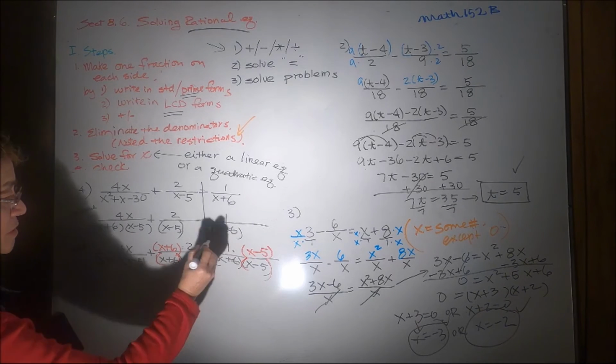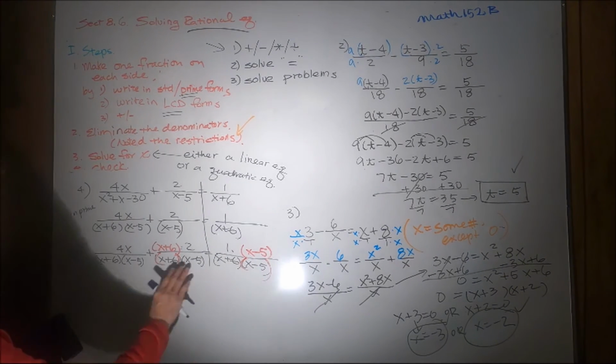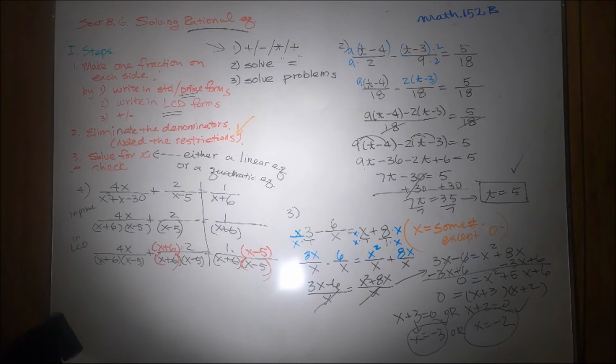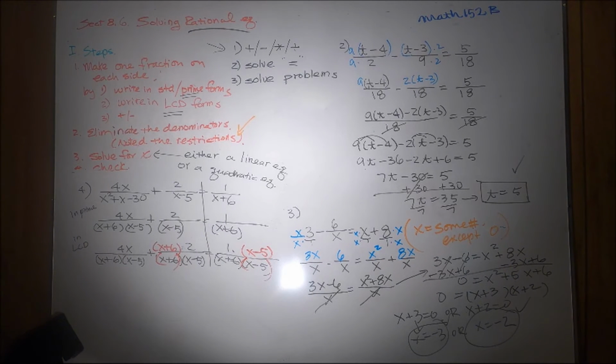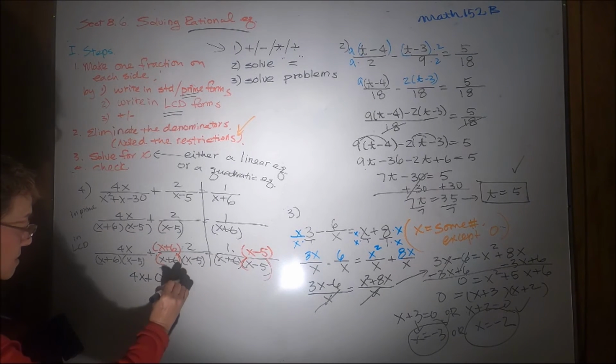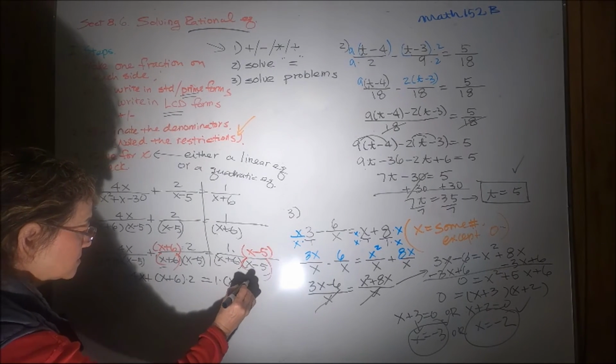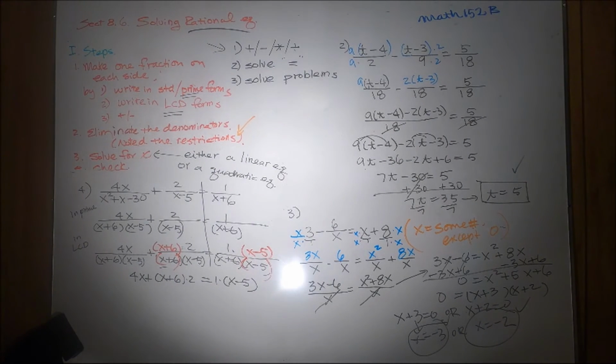So that's what we have. Do we have all the same LCD? Right? Then we can eliminate all the denominators. We combine the top. That would be 4x plus x plus 6 times 2 equals 1 times x minus 5, right?